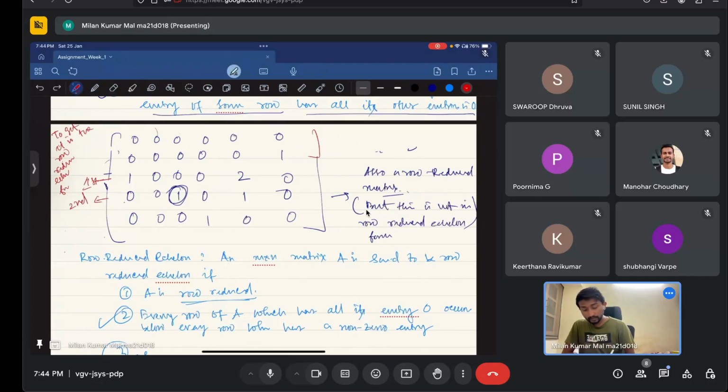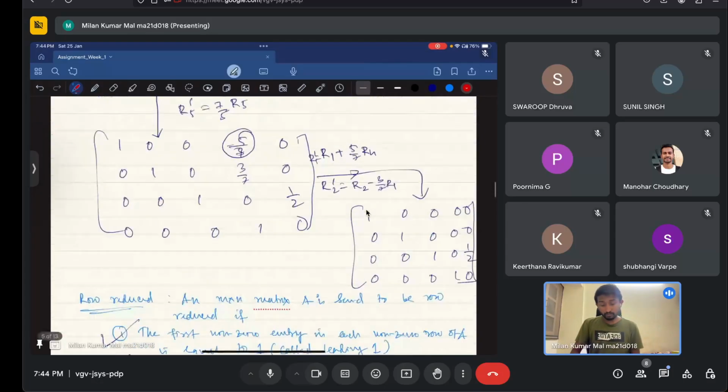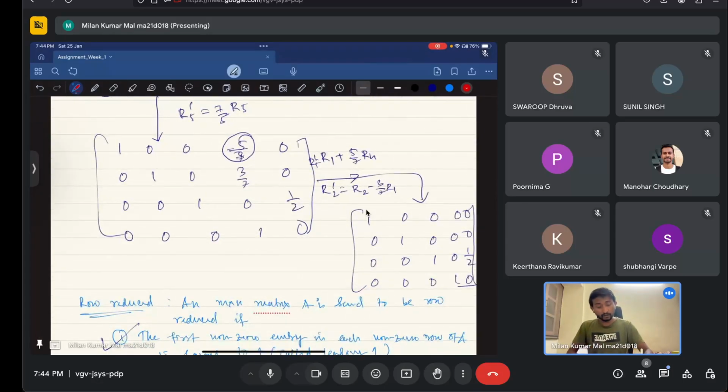This will be the third row, this will be the fourth row, this will be the fifth row. So now suppose we have done the row reduction of this matrix. This matrix is completely in row reduced echelon form.